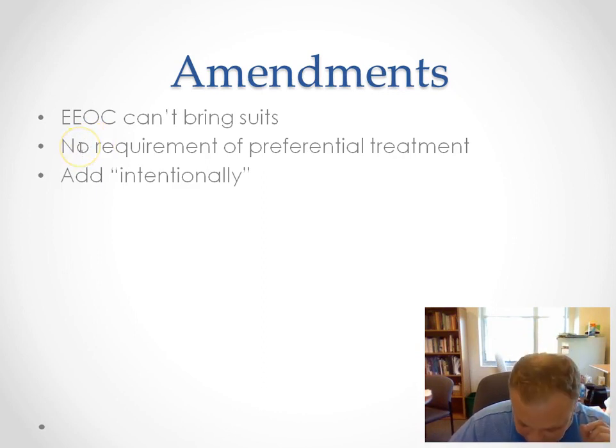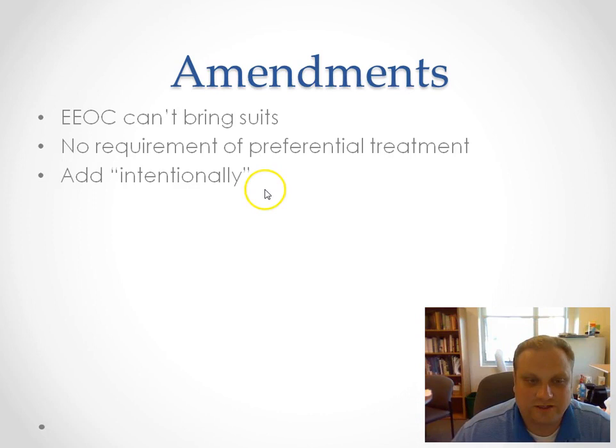The other thing is that there was no requirement of preferential treatment or based on imbalance. So, in other words, you couldn't require a preferential treatment be given. You couldn't base suits on imbalance necessarily. And three, you had to add the word intentionally.